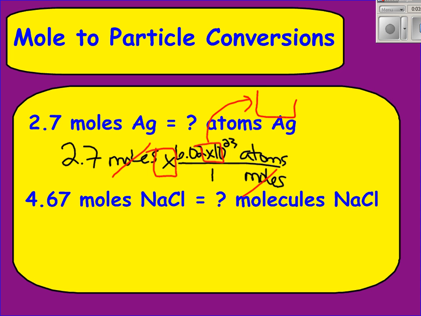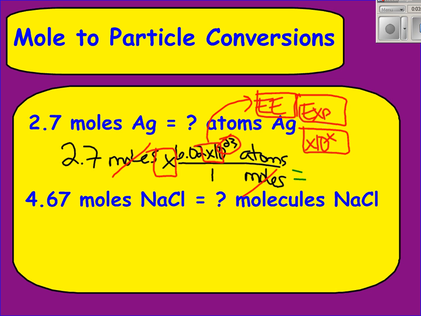Your calculator may have the button that looks like this, 2 capital E's. It may have a button that looks like EXP, or it may have a button that looks like times 10 to the x. Whichever button your calculator has, press that button, and then type in the exponent 23. If you did that correctly, your total answer with correct significant figures should be 1.6 times 10 to the 24th atoms.